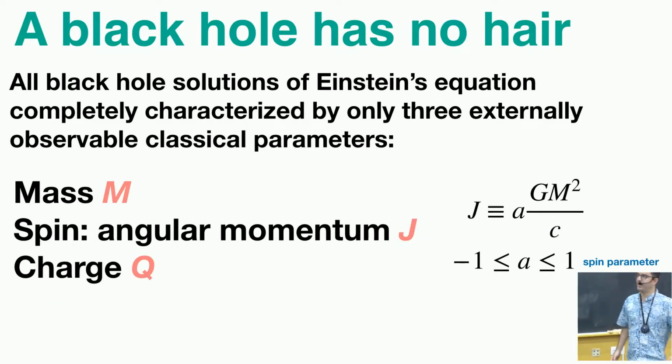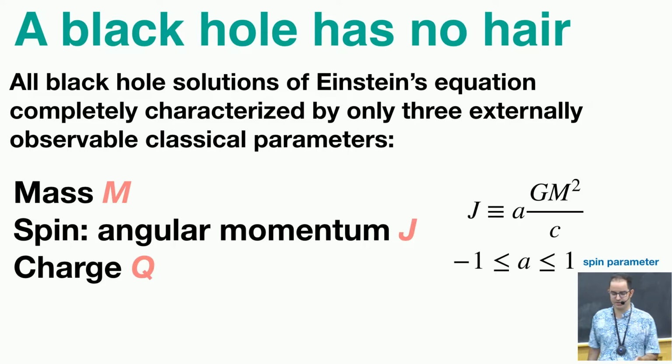So as you know, a black hole has no hair. Apparently for dynamical spacetimes, the no-hair theorem is a bit more complicated than I thought, as we learned with Ian Steinhoff. But all black hole solutions of Einstein's equations are completely characterized by only 3 parameters: the mass, the angular momentum, and the charge.